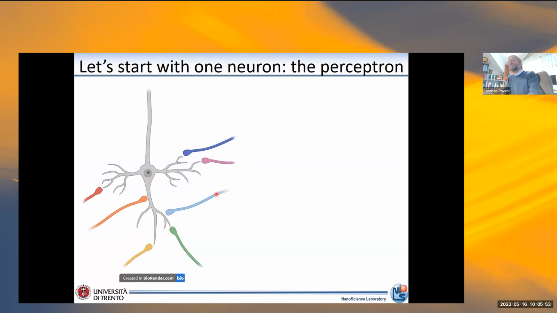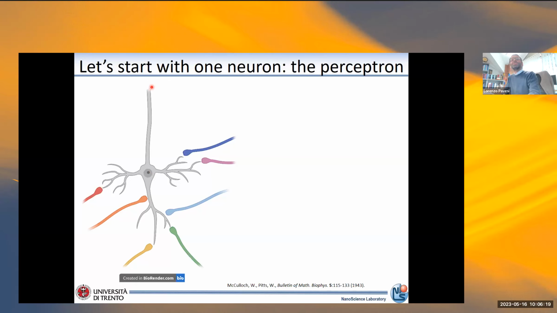What happens in a neuron is that the information coming from the nearby neurons is collected and processed in the soma. And if the amount of information that the neuron is receiving is larger than a threshold, then a spike is generated by the neuron and sent to the nearby neurons.